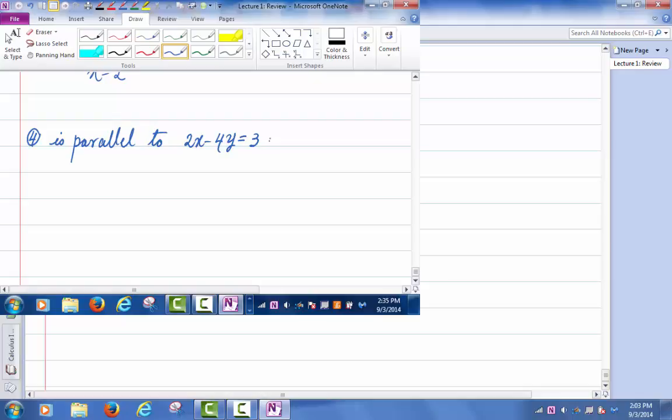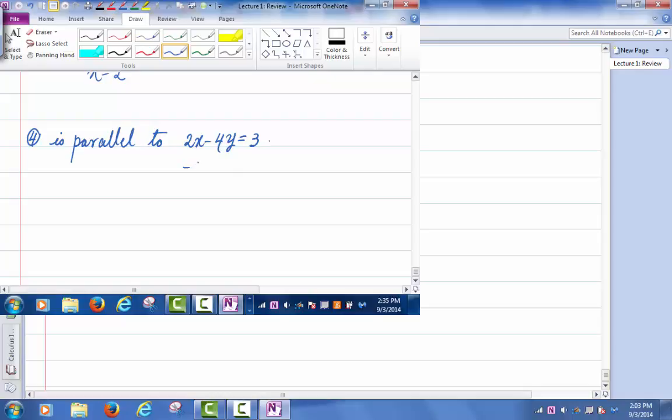Okay. Now, again, I know a point on the desired line. All I need to know is the slope of the line, and I know that the line is parallel to this line, so the slope is equal to the slope of this line. Now the question is, how do I find the slope of this line? Anyone remembers how to find the slope of this straight line? Yes, slope intercept form. So that means you solve for y, right?